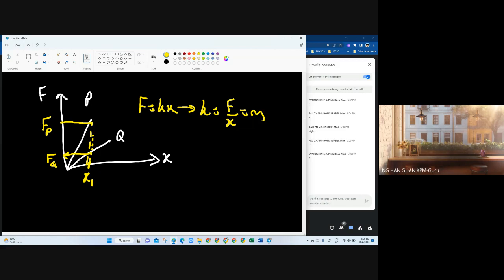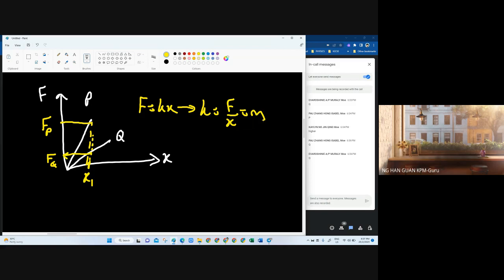Next one, let's say both springs are the same, same material, same diameter of spring wire, same diameter of coil. Which spring has the longer original length?